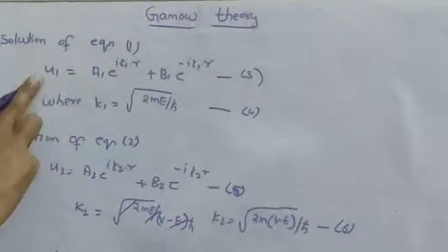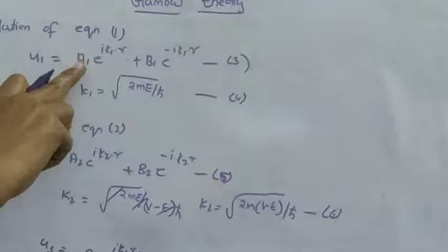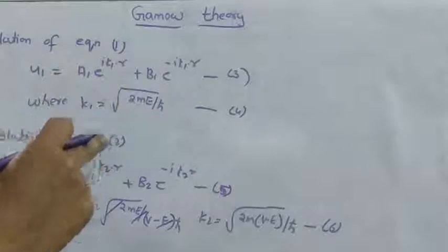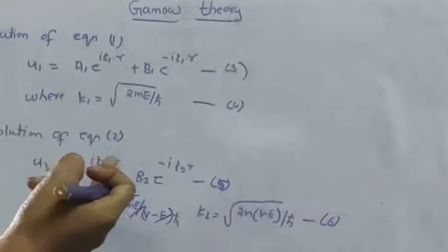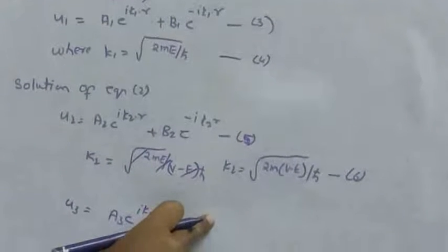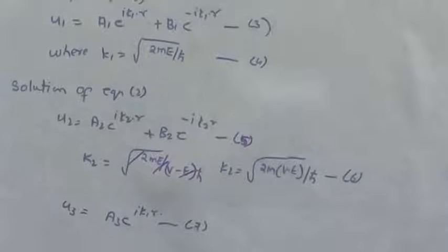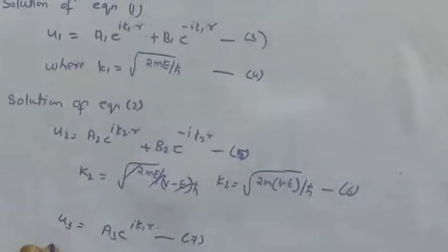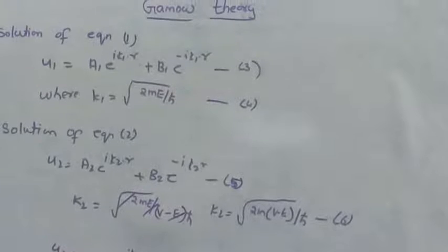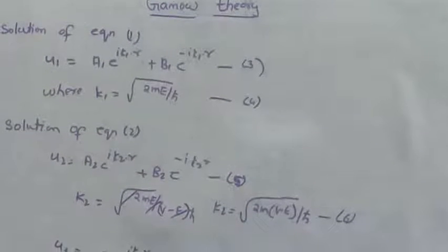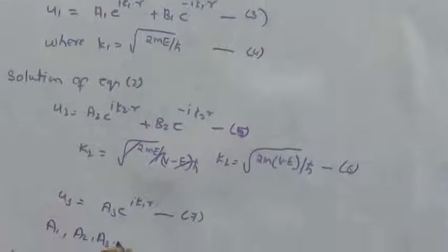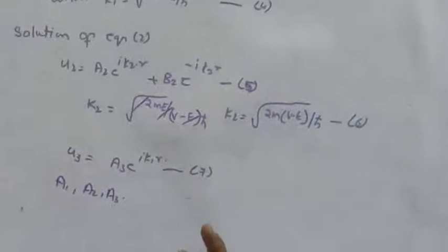The first equation is the solution for region 1, consisting of both incident and reflected waves. The second is for transmitted and reflected waves, and this equation represents the solution of the transmitted wave. Here A1, A2, A3 and B1, B2 are constants which have to be determined.